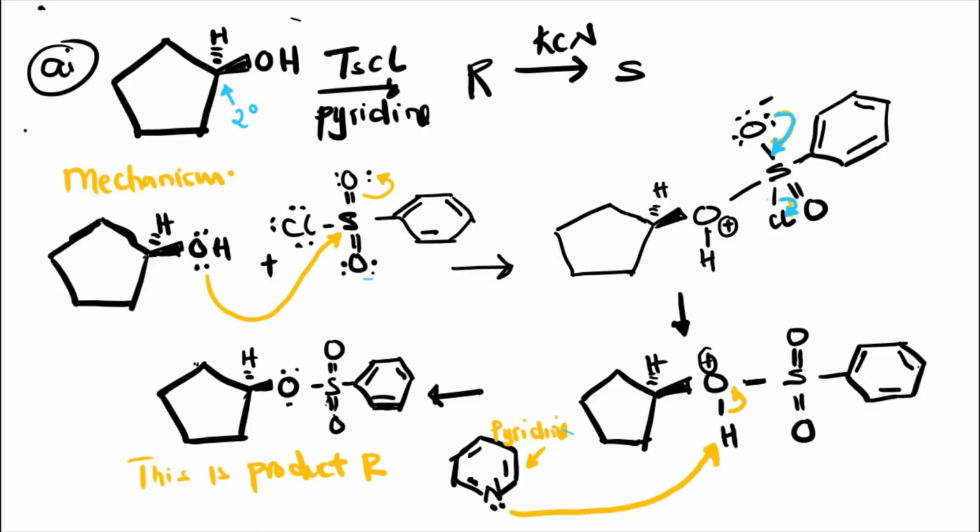Now remember, when the oxygen attacked the sulfur, it formed 3 bonds. When oxygen forms 3 bonds, it becomes unstable, so it assumes a positive charge. Now the pyridine in solution, this is the structure of pyridine here, is going to use its lone pair of electrons on the nitrogen to take the excess hydrogen that is bonded to the oxygen.